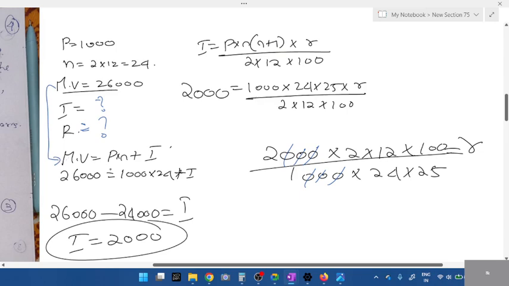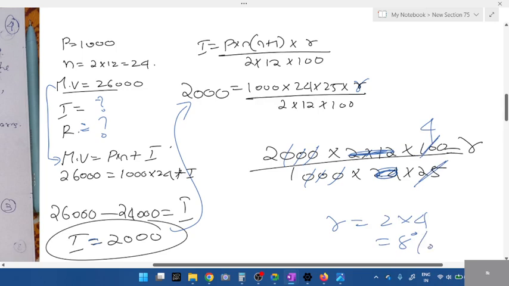Once you substitute the value, you'll get I. I is 2000. Substitute in the second formula. And if you want to find R, shift all the other values. 1000, then reduce it. See, 2 12s and 24 get cancelled. 25 ones are 25, fours are. R is equal to 2 into 4. What's the answer? You get 8%. Yes, R was 8%.